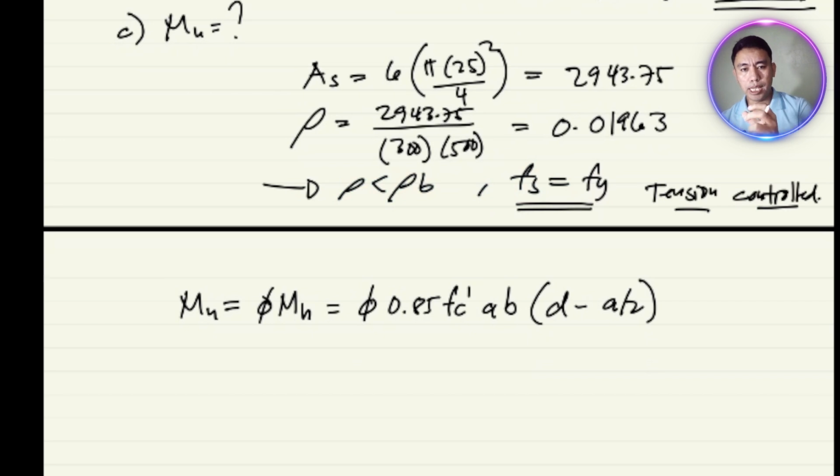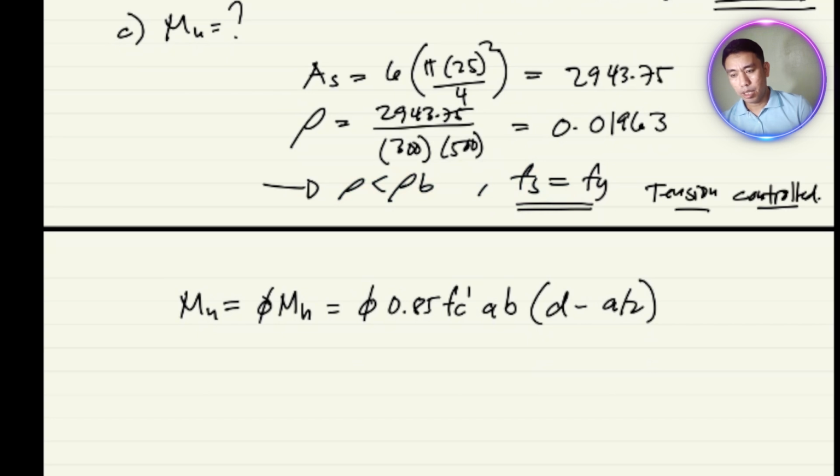Kung magsabay sila, kasi nga reinforced sila as one, ang maximum capacity lang nila is yung 50. Although kahit kaya pa ng concrete yung hanggang 100, pero couple kasi sila eh. Okay? So if one fails, the other will follow also. Ganun siya.